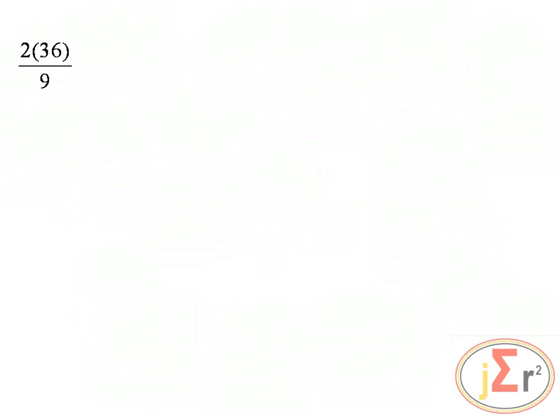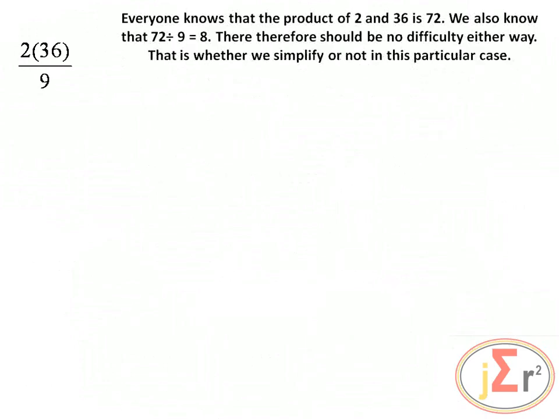So here we have the product of 2 and 36, and we are dividing that by 9. Everyone knows that the product of 2 and 36 is 72. We also know that 72 divided by 9 is equal to 8.